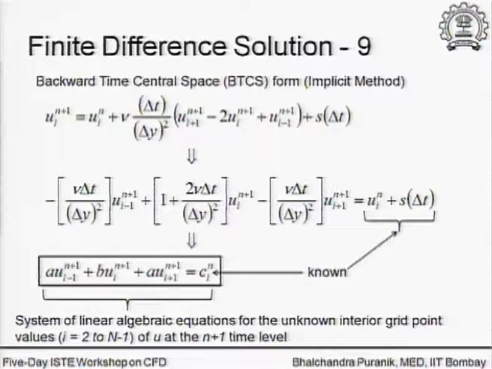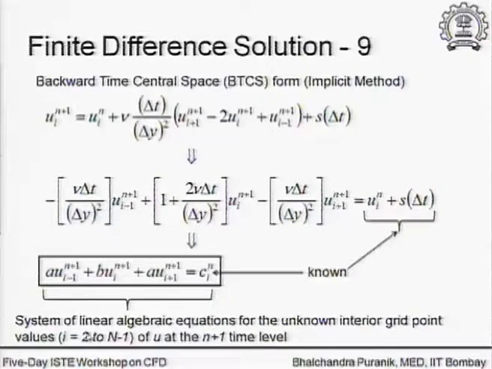In other words, if you write it, you basically come to the conclusion that in order for all these u values to be found in this manner at the next time level, I basically have to deal with a system of linear algebraic equations for the unknown interior grid points.